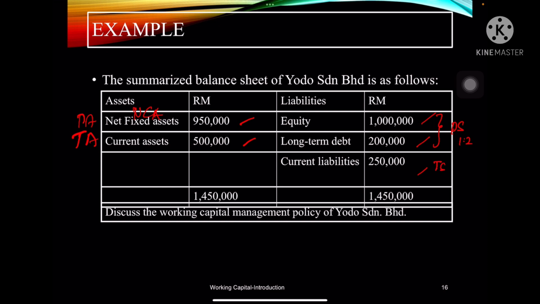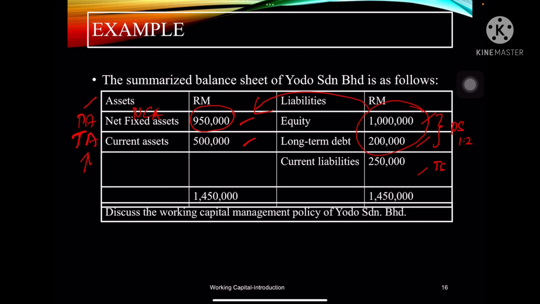So basically here we have 1.2 million to finance our 950,000. So we get the extra. It shows that we have more permanent sources to finance all our permanent asset and part of our temporary asset.